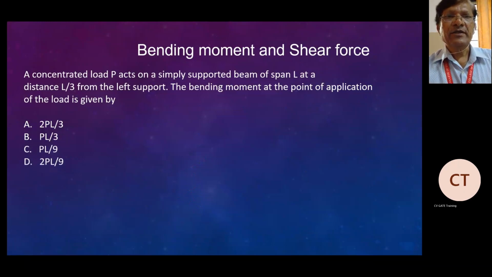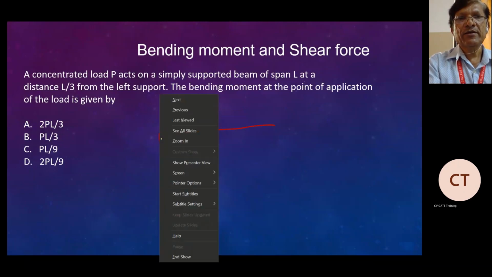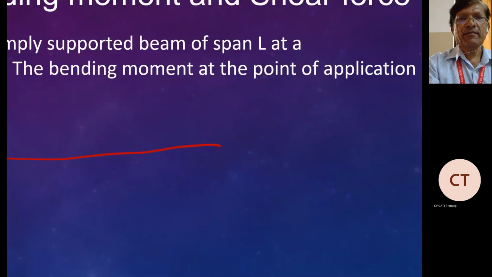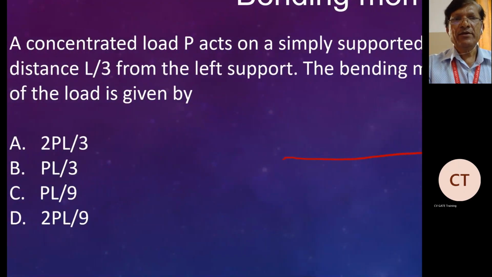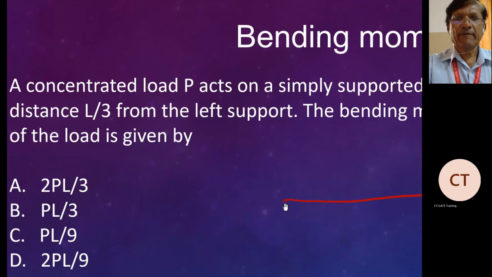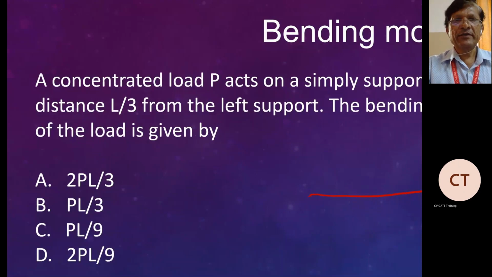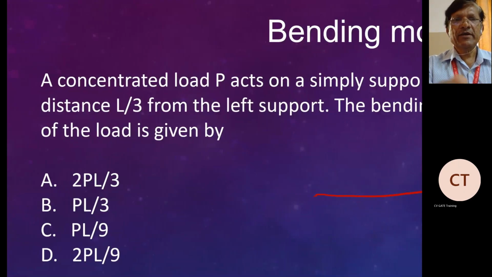So we'll see another problem. Here a constant load P acts on a simply supported beam of span L at a distance L by 3 from the left end. So a simply supported beam is given, and you have to calculate the forces.